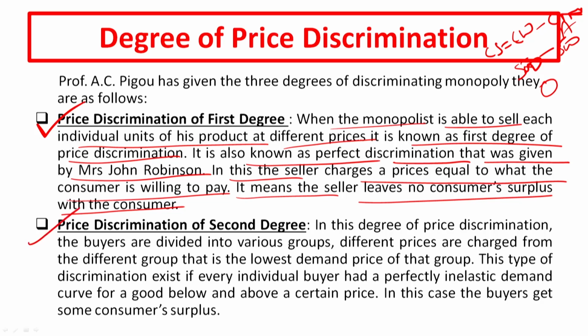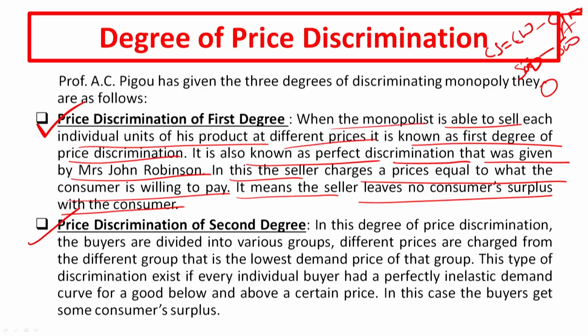Second degree, that is price discrimination of second degree. It is basically done on the basis of quantity. How much quantity you are buying will decide the discrimination made by the monopolist for the prices. For example, when you buy something in bulk, you get it at a cheaper rate in comparison to when you don't buy in bulk.